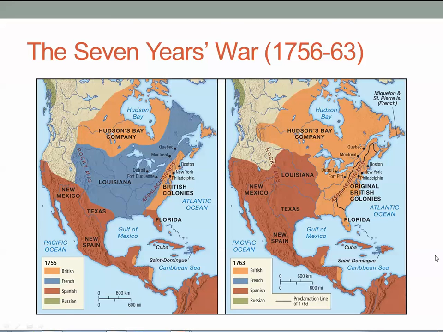Now Britain controlled all the territories east of the Mississippi and islands in the Caribbean. Also there was a territorial redivision between France and Britain in India. Britain emerged as the global power as a result of this war.